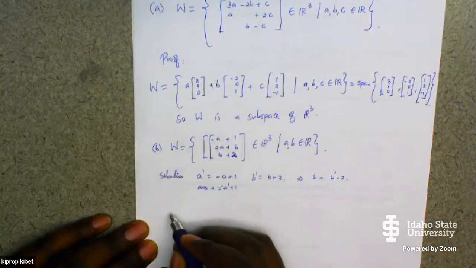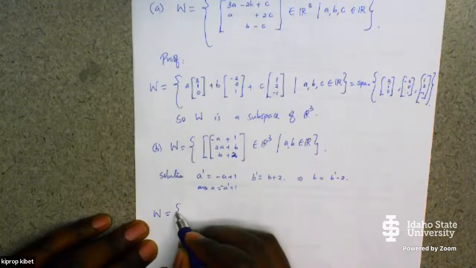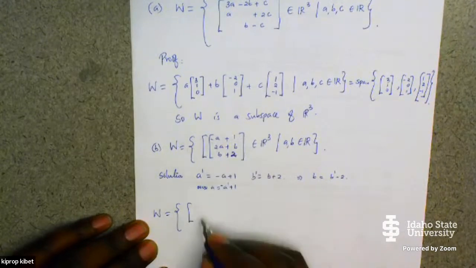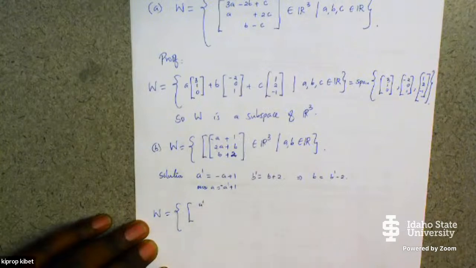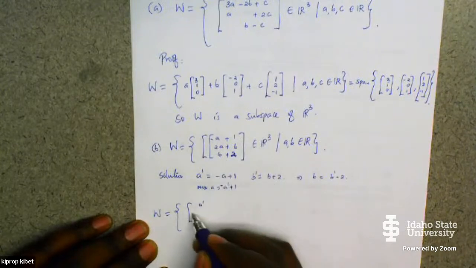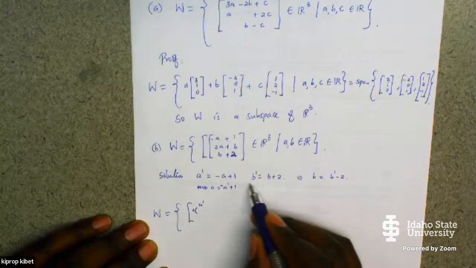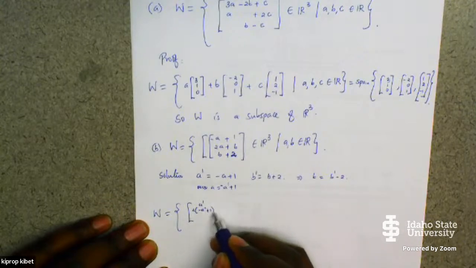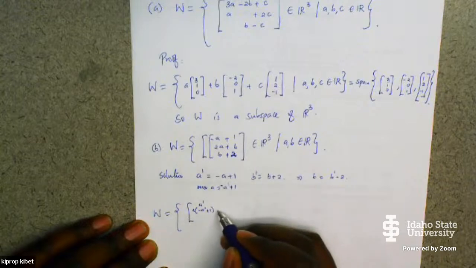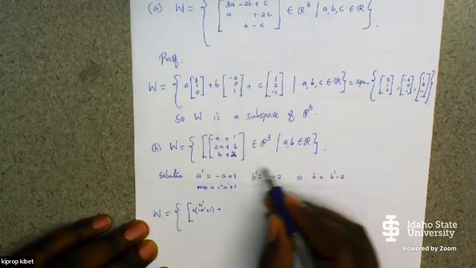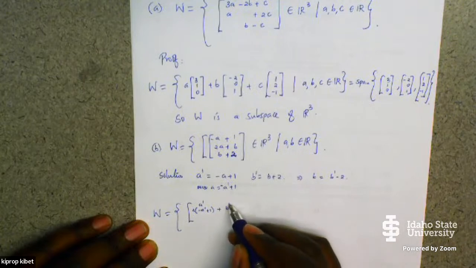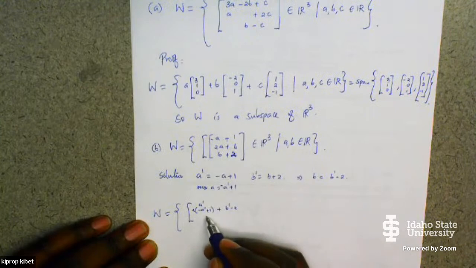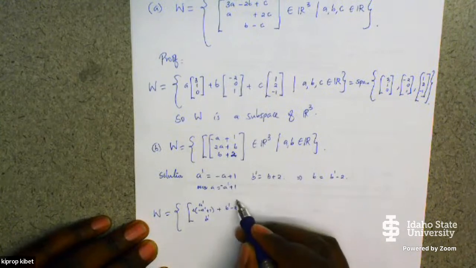So in this case, W is equal to: we have this one as A prime, and then we have our A here as minus A prime plus 1, and then plus B, which is B prime minus 2, and then the last one is B prime.